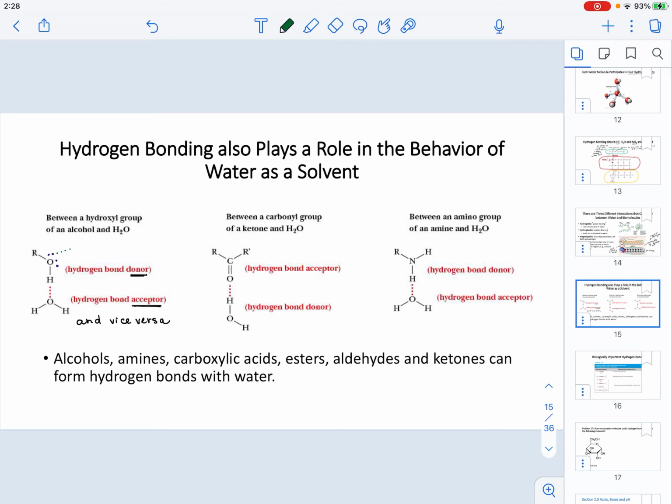These green dotted lines are going to be the hydrogen bonding event, can interact with the hydrogen in a water molecule.